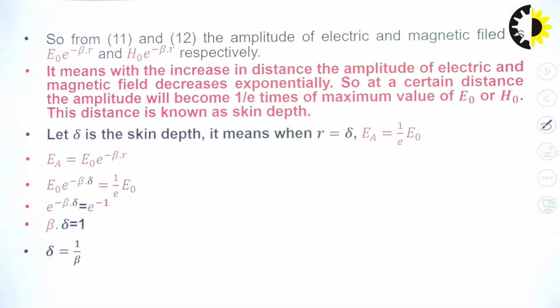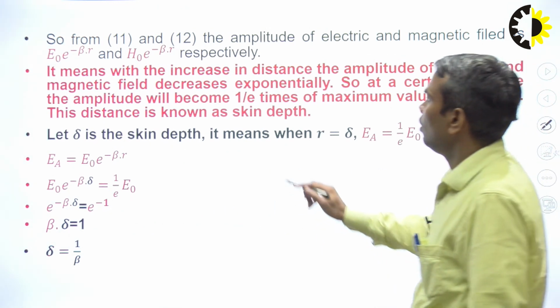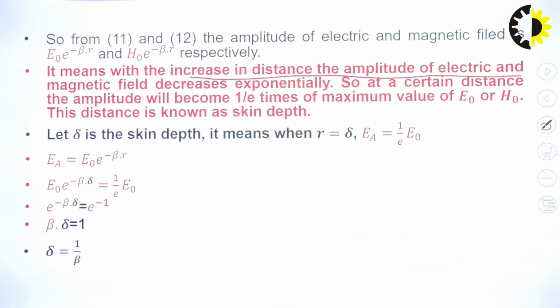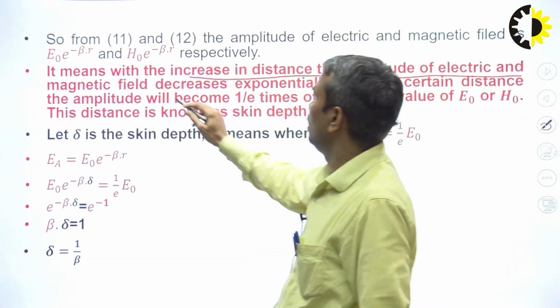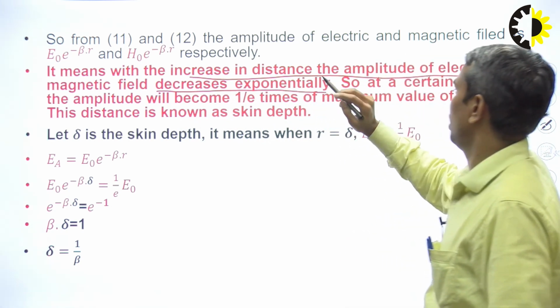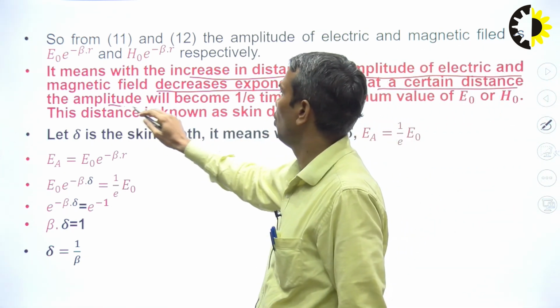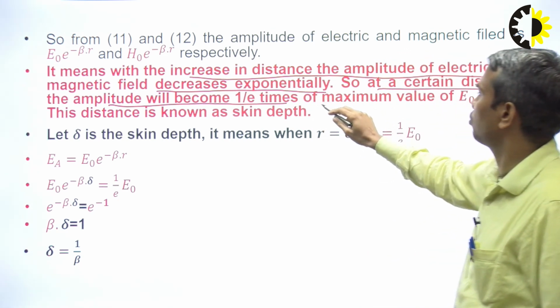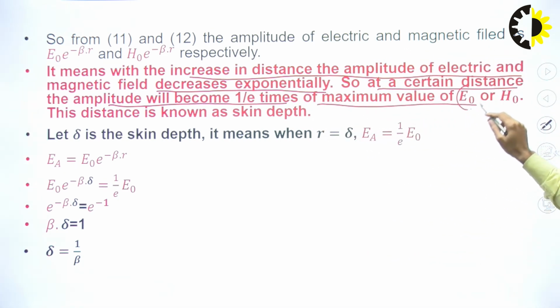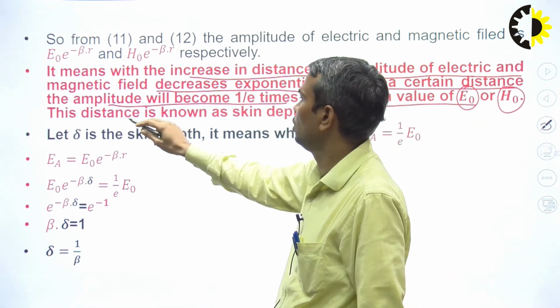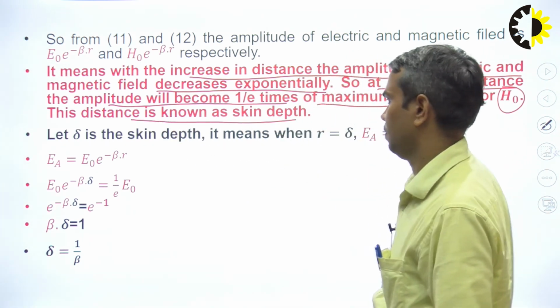So it means that with increase in the distance the amplitude of electric and magnetic field decreases exponentially. So at a certain distance, the amplitude will become 1 by e times of the maximum value, that is E0 or H0. So this distance is known as skin depth.